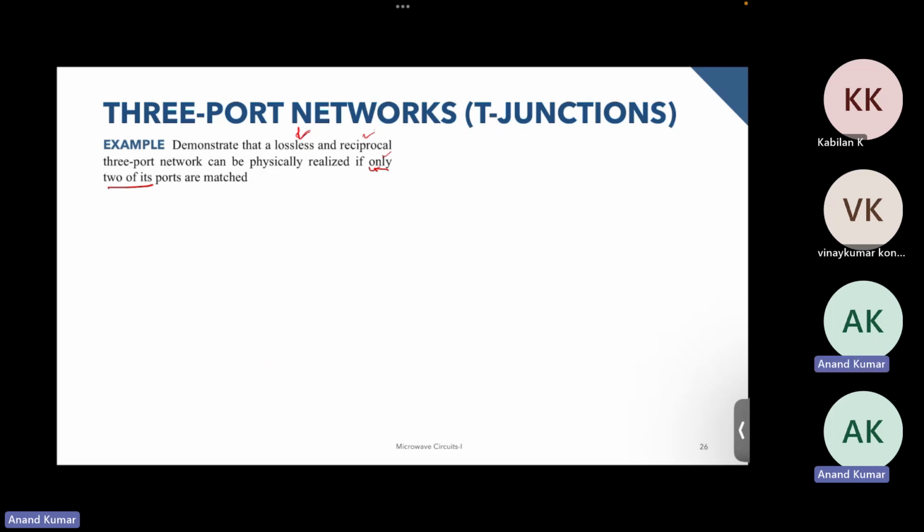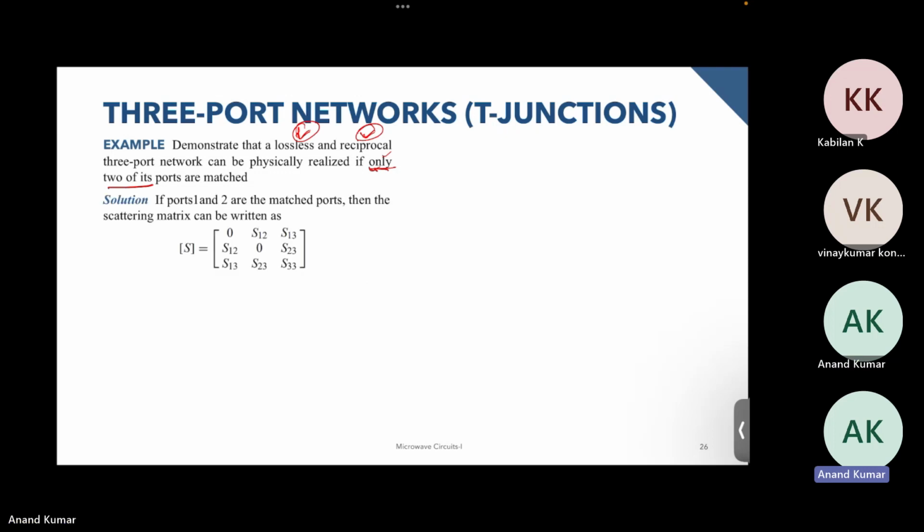But now we have the system as reciprocal and lossless, and we have to show that not all of its ports can be matched, only two of its ports match.